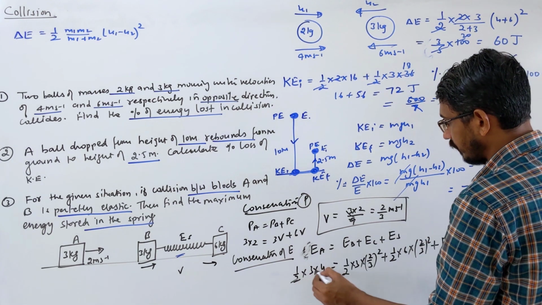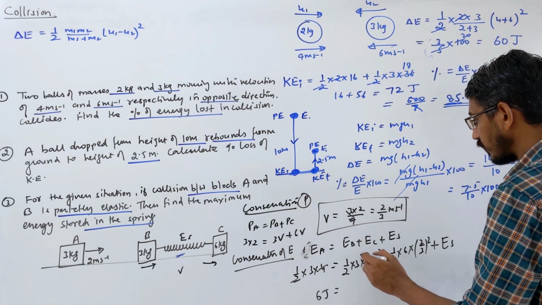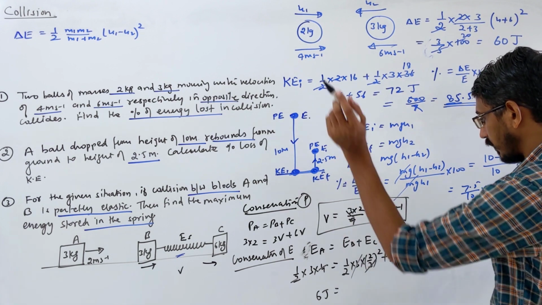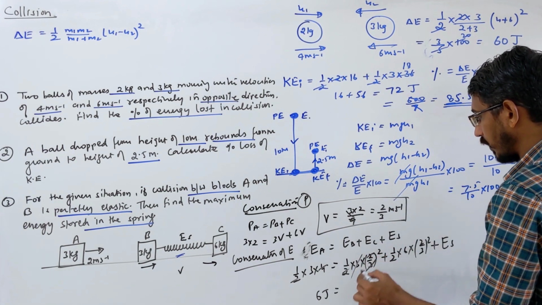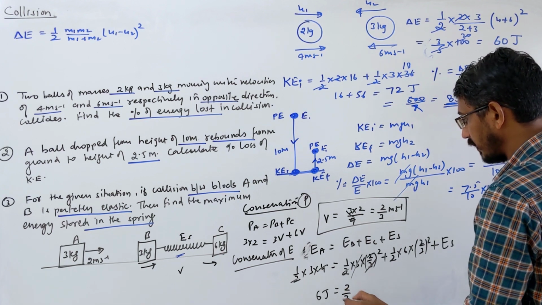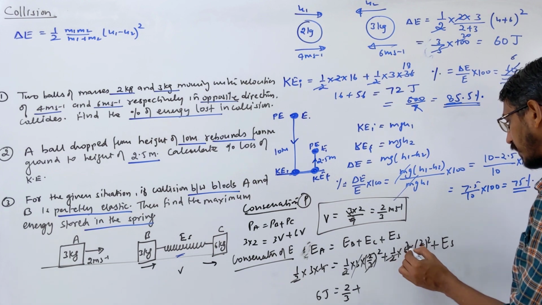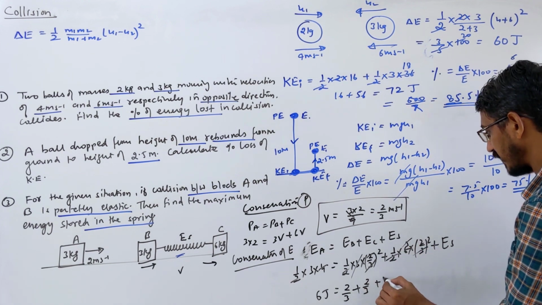So how much does this come to? 1 3 goes here, so what is remaining? 2 by 3 remaining here, plus here also 2 by 3 remaining, plus ES.